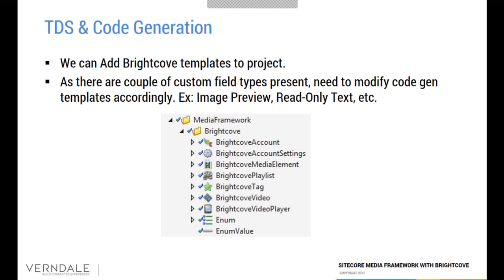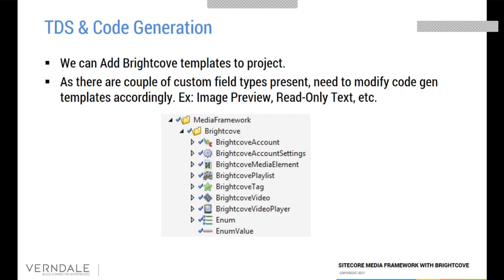This connector provides a couple of custom field types, like image preview, read only text, and read only checkbox. The read only text is used for video ID fields, because video IDs should not be maintained from the Sitecore side, as they are auto generated from Brightcove.